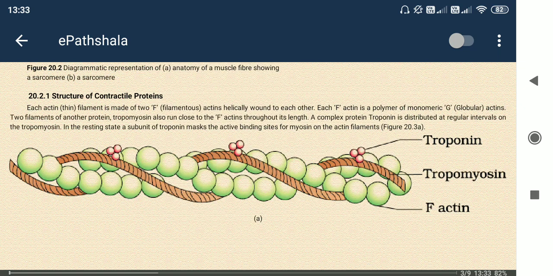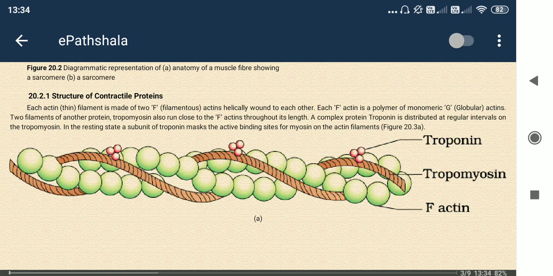Okay, so you can see the structure of contractile proteins. The proteins involved in the contraction of muscle fiber are troponin, tropomyosin and F-actin. From the figure you can see easily. Troponin is present in the trimer form, so 3 units are there, red colored you can see. And tropomyosin is spirally attached with the F-actin.